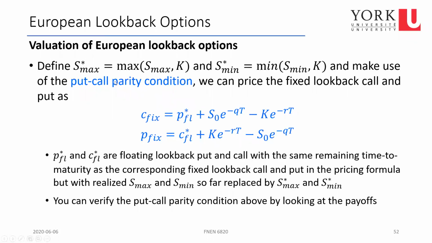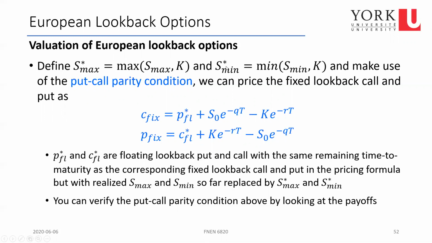Now for the fixed look-back European call option, you have to use a price where, in place of S-max, you use the max of the S-max you observed so far. For S-min, you use the minimum of the S-min.